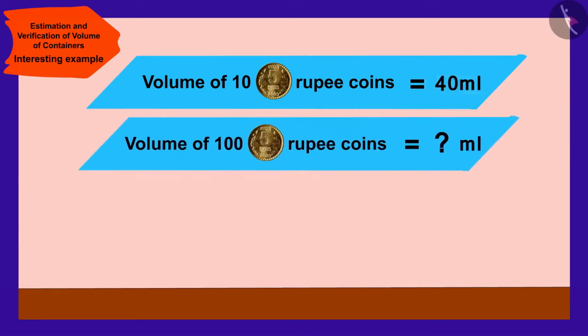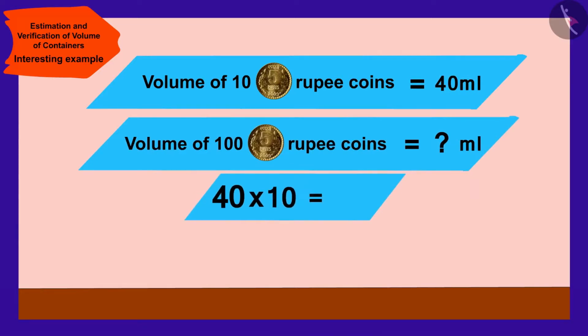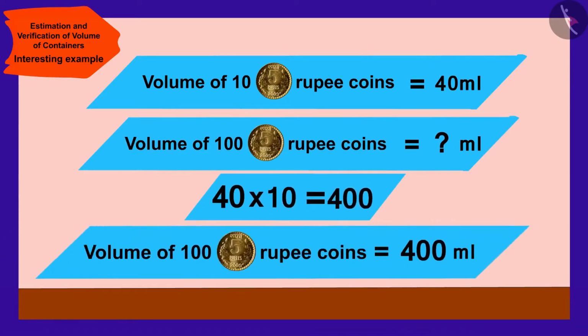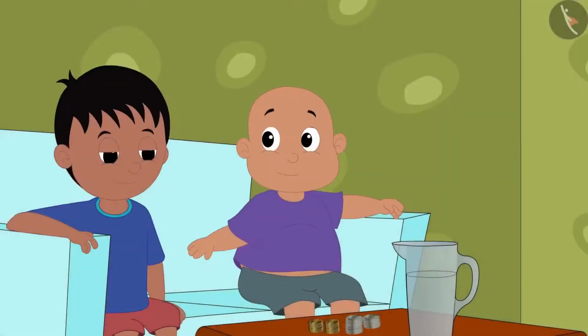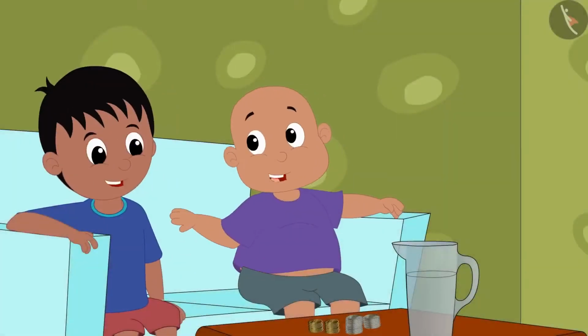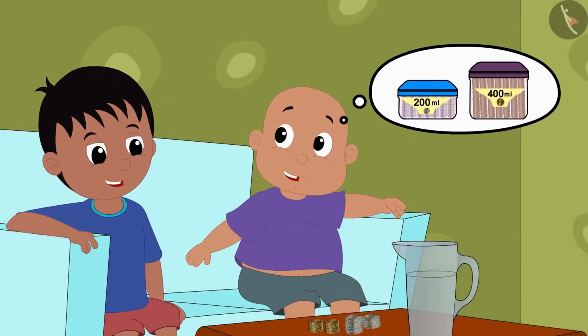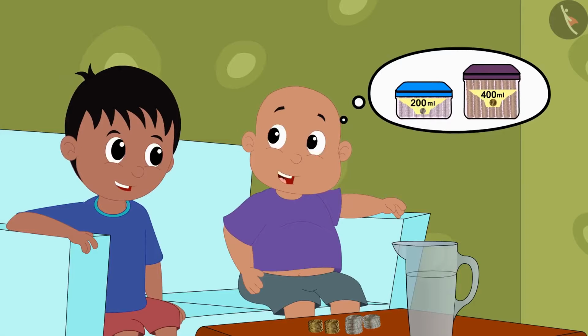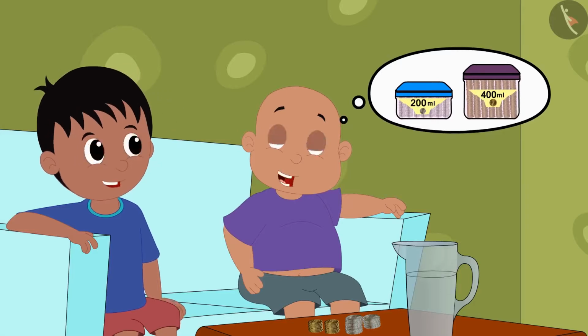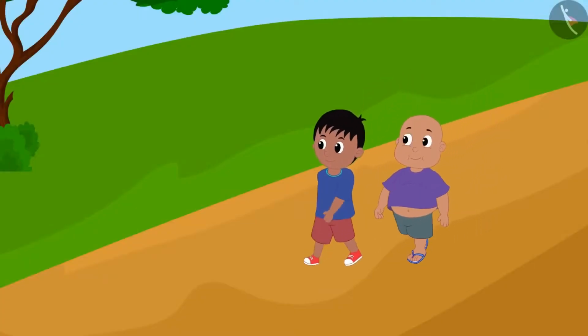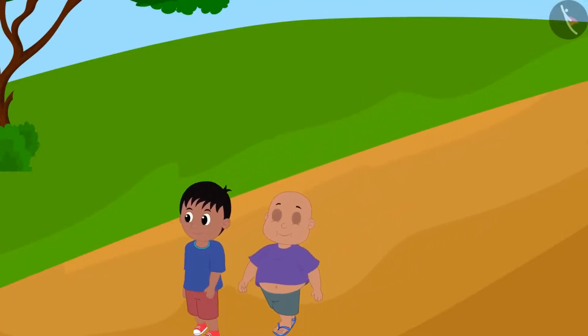So, the volume of 100 5 rupee coins will be 40 times 10 or 400 milliliters. Raju, come, let's quickly go to the market and buy one box having a volume of 200 milliliters and one box having a volume of 400 milliliters. Both the friends excitedly walked towards the market.